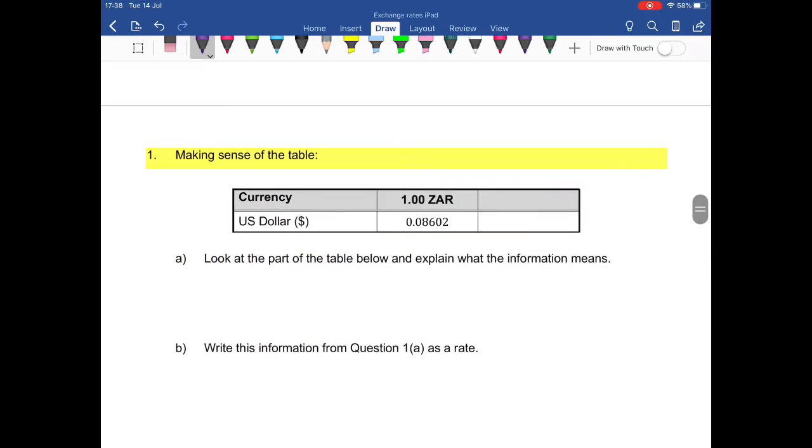So making sense of the table, I'm going to write 1 rand will equal 0.08602 dollars. You can see if I round it off, this would round off to 0.09, which means 9 cents. So 1 rand can only get you 9 cents in American coins. Now what we need to do is write that as a rate. A rate is a special ratio that compares two different quantities.